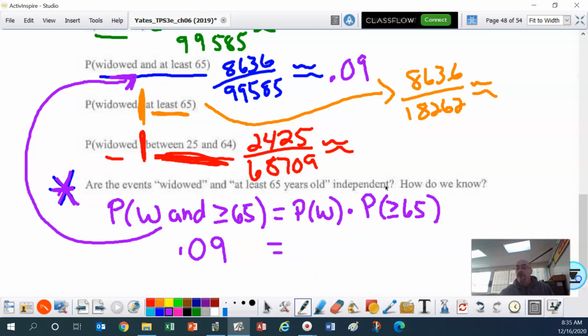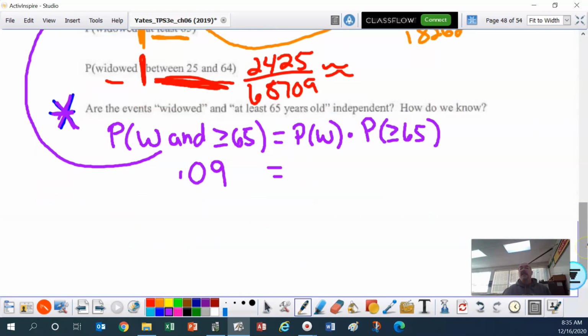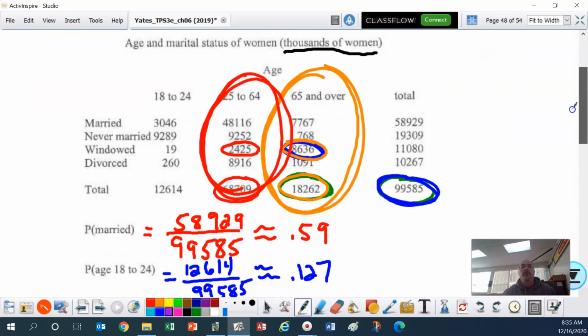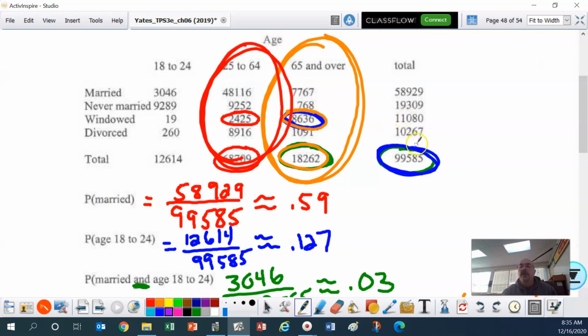However, if I take the probability of being a widow, let me back that up. The probability of being a widow is going to be 11,080 divided by the 99,585.